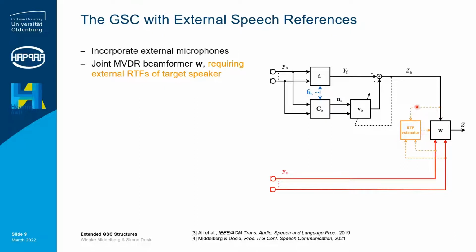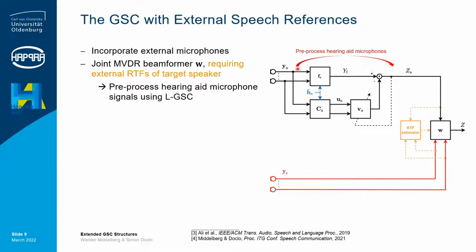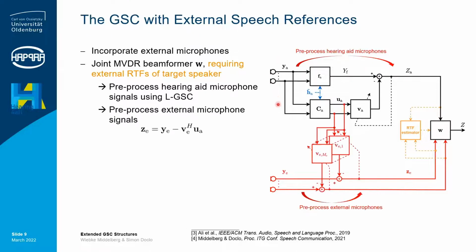So now we can regard this local GSC as some sort of pre-processing of the hearing aid microphones, where we obtain a signal which ideally has a higher signal to interferer ratio than the input signals. And something similar we can actually also do for our external microphones.